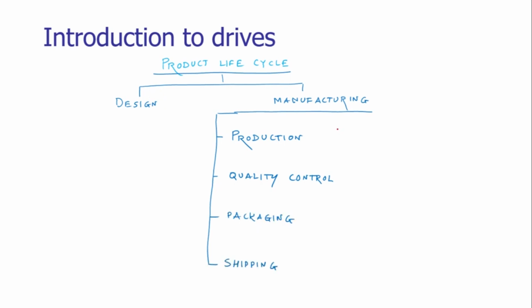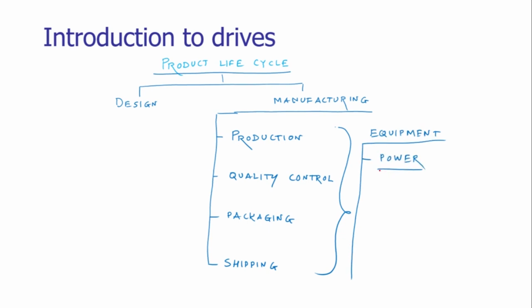For all these operations, we use a variety of equipment. This equipment requires power to operate, and this power will be utilized to have the relative motion between the tool and the workpiece or various elements of that equipment, maybe for the transformation required in the production operation, say conversion of the raw material into the finished product.